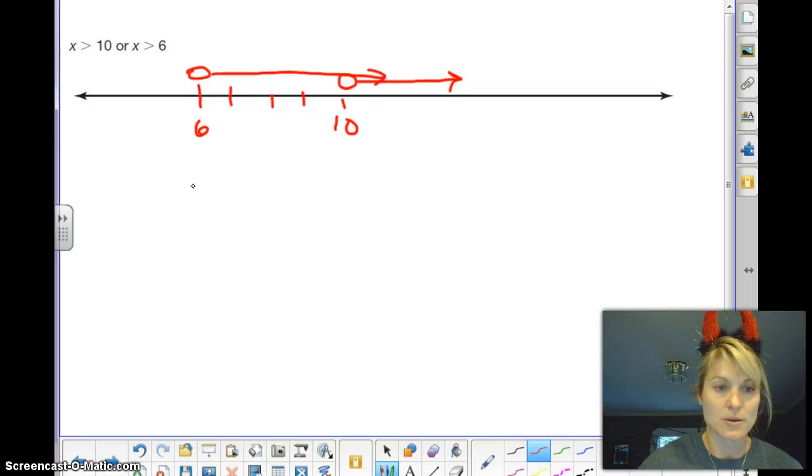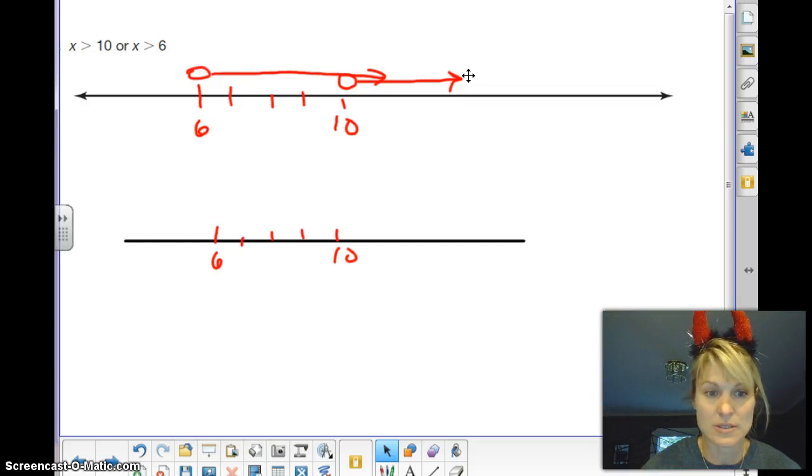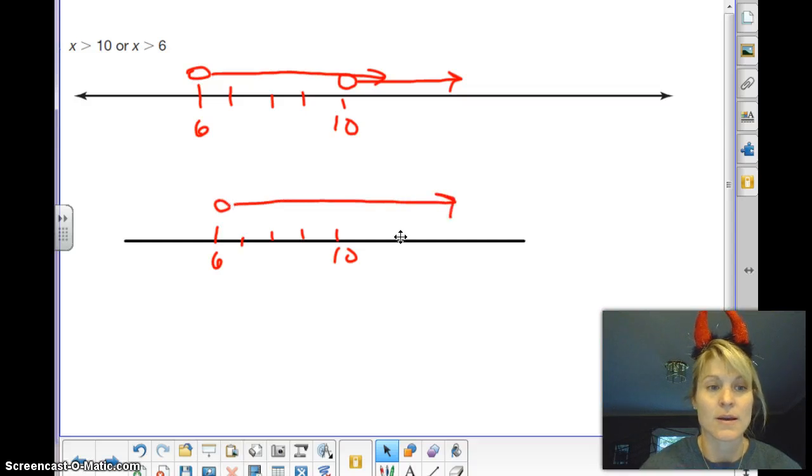Instead of drawing it like that, and probably on a test, you would most likely see it look like this: 6, 7, 8, 9, 10. Because this goes through this and up, really we could have just drawn this, because it covers all these numbers in between.